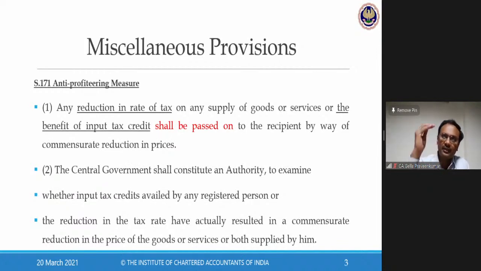So there is a straight away reduction of 7%. Government says, look, you have a product which is sold with an MRP. Let that MRP be reduced substantially to pass on the benefit of that taxation. So wherever there is a rate reduction, that reduction should have been passed on to your consumer. That is what they say.